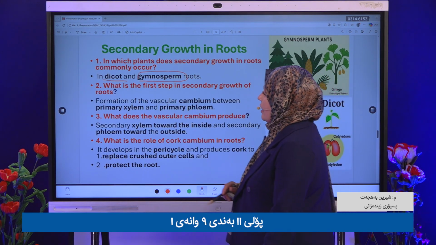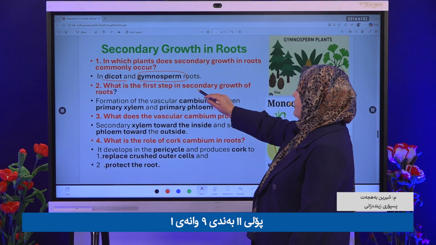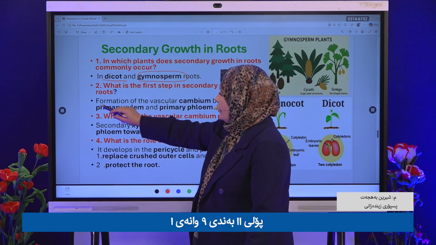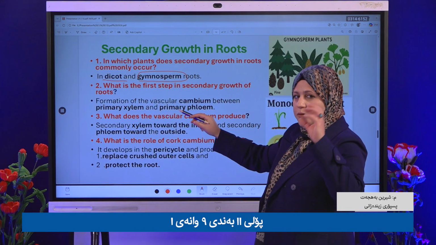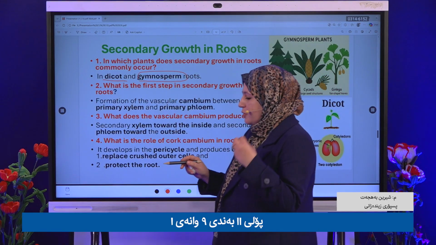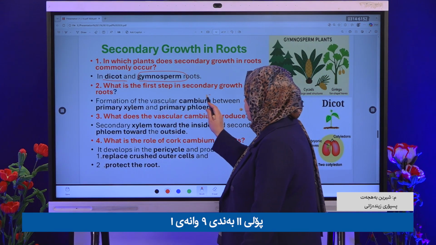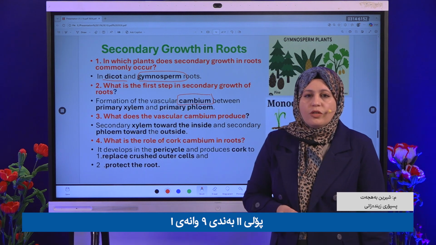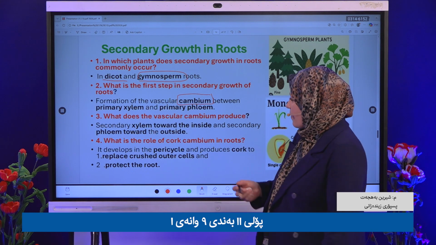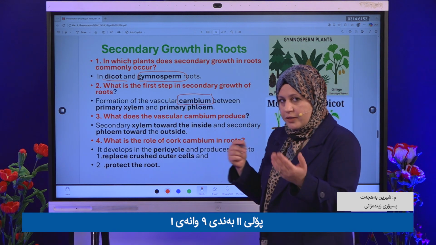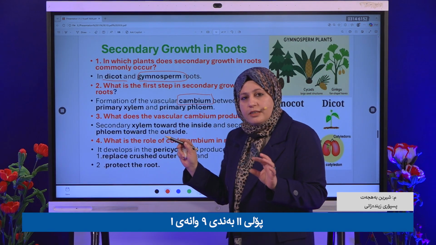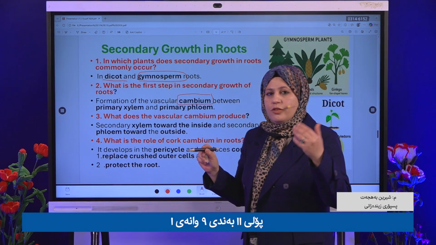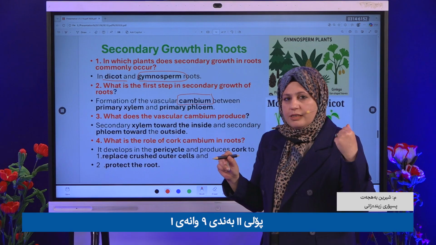Clear? So what is the first step in the secondary growth of the root? The formation of the vascular cambium. A new vascular tissue is formed, called cambium. Between what? It's very, very important, especially for exams, for true/false or multiple choice. Be careful.